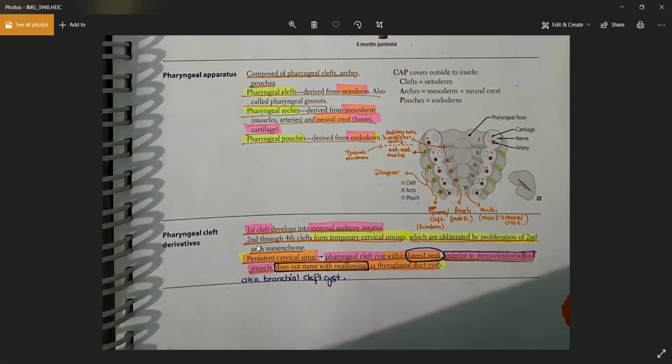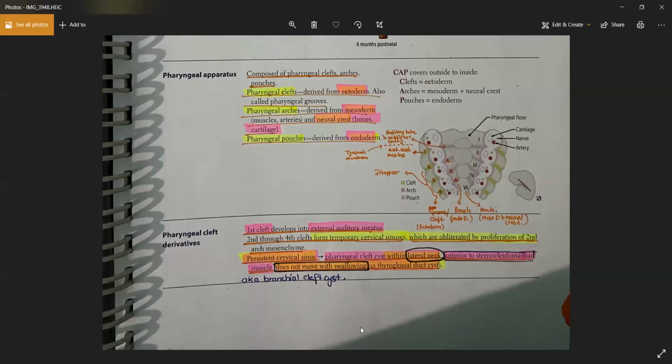Is the dermoid cyst also capable of swelling up during sickness? These extra sinuses will swell up during infection, and that's when you will note that these cervical sinuses occur.